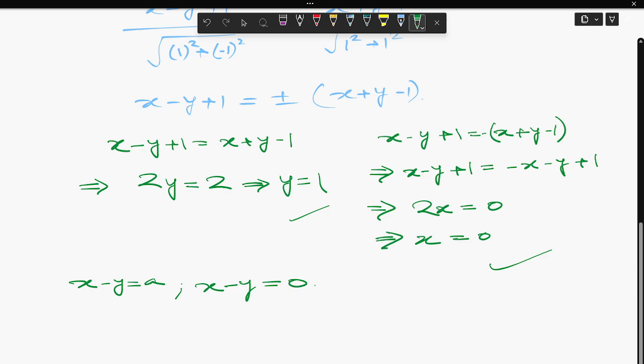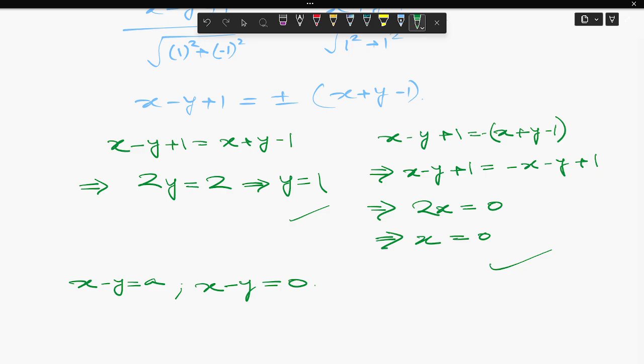So the base of the triangle is the distance between x minus y equals 0 and x minus y equals a, which is a. The height of the triangle is from the y-axis to x equals a, which will be a minus 1.